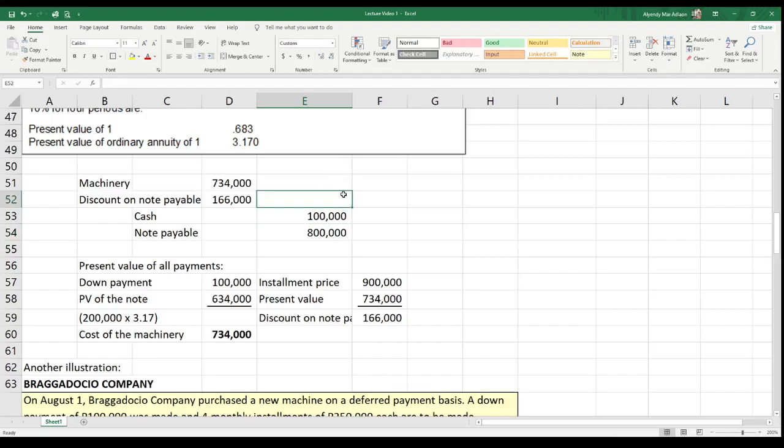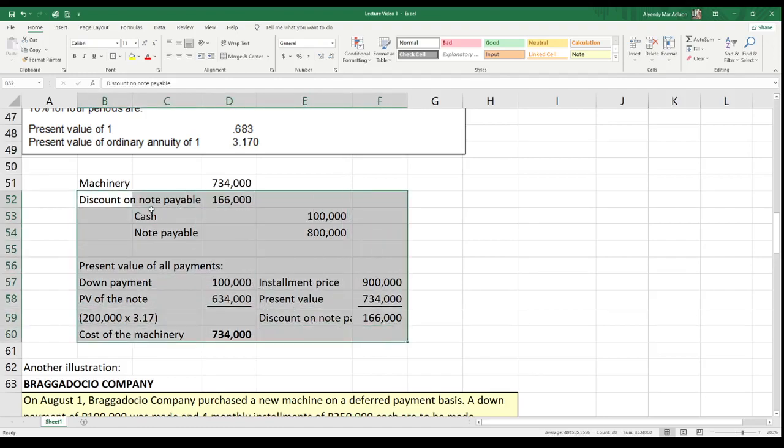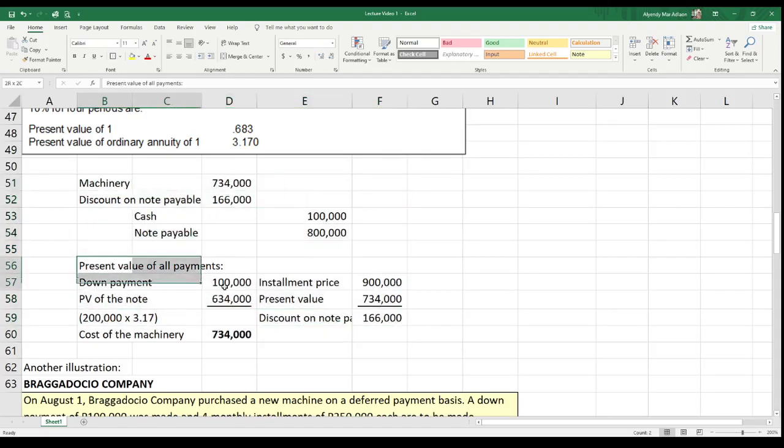Okay, so this is how you do the journalizing and computation of the cost of machinery whenever the cash price is not available. You just have to get the present value of all the payments. Okay, so this is the journal entry on the date of acquisition.